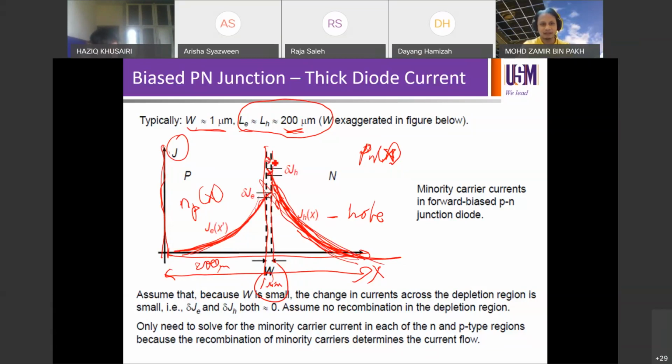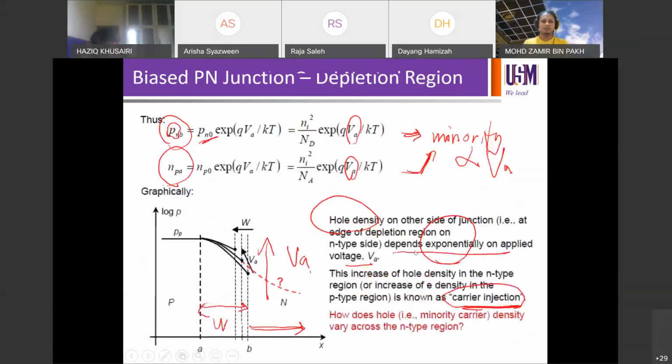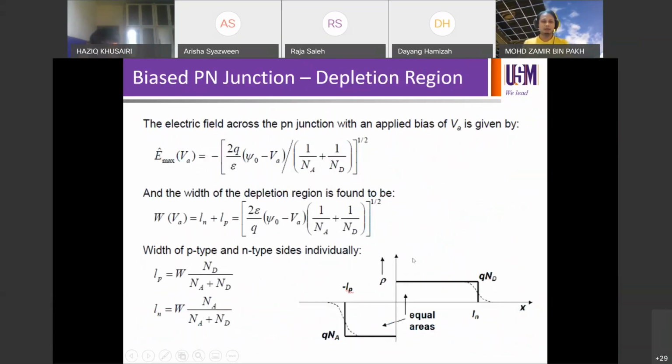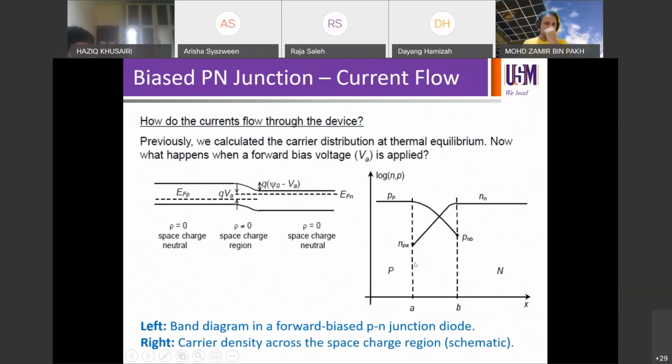Previously, when we were discussing the depletion region, we drew something like this, right? It looks quite big, isn't it? It looks like there is a gradient.